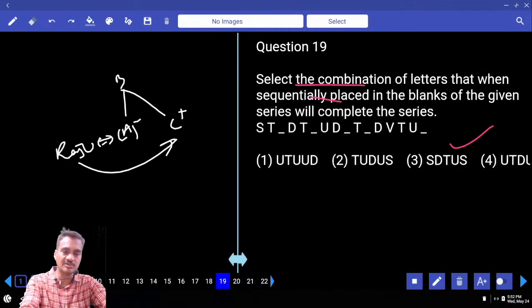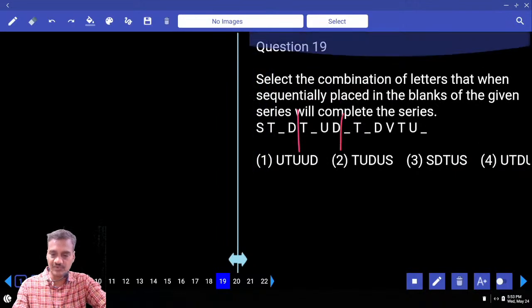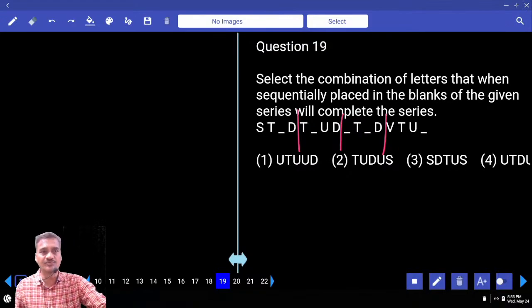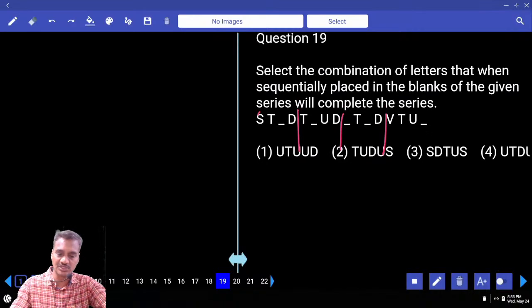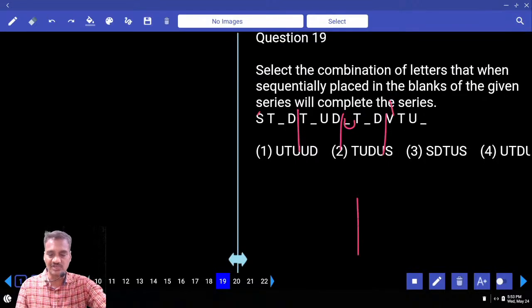The next one, coming to question number 19. Now here 1, 2, 3, 4, 1, 2, 3, 4. Altogether we have some 16 elements, and so 4 into 4, 16. Now if you check out the first element here, S is here and V is here. The next element, S, T, U and V. And so first letters are increased by plus 1, plus 1.